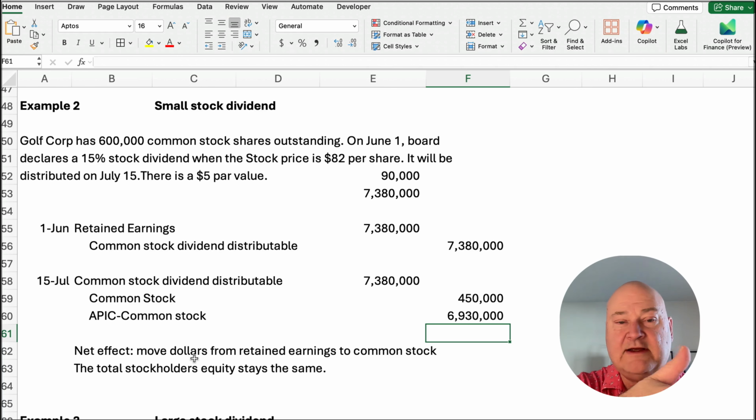It's like moving a piece of paper from one folder to another. We reclassified $7.4 million from retained earnings to common stock. Now, the shareholders say, oh, I had 100 shares, now I have 115. So they may view it as a good sign, but it may not really be an economic event.